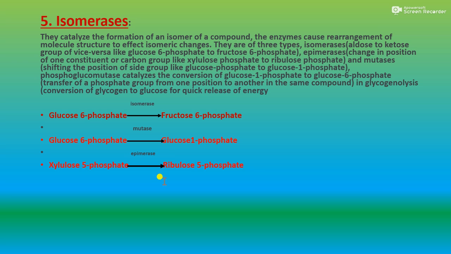And mutases shift the position of a side group, like glucose 1-phosphate to glucose 6-phosphate. Phosphoglucomutase catalyzes this transfer of a phosphate group from one position to another in the same compound, in glycogenolysis, the conversion of glycogen to glucose for quick release of energy.